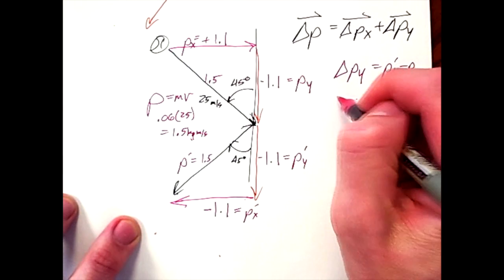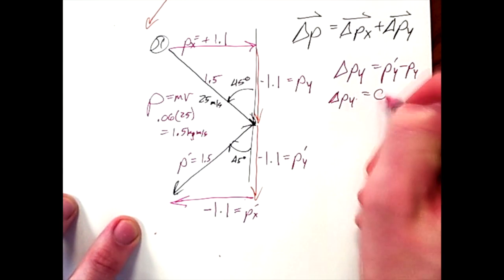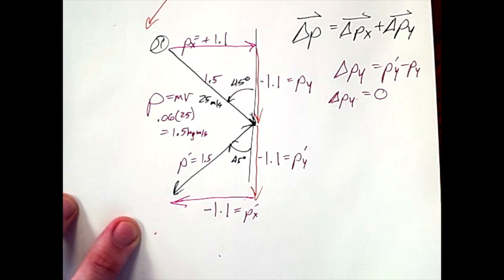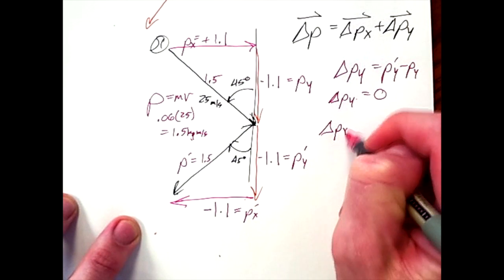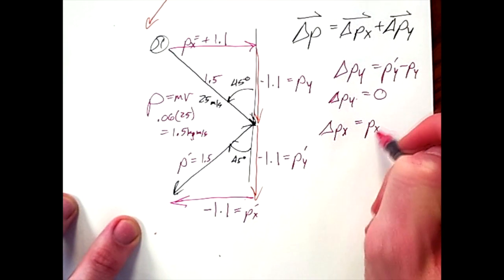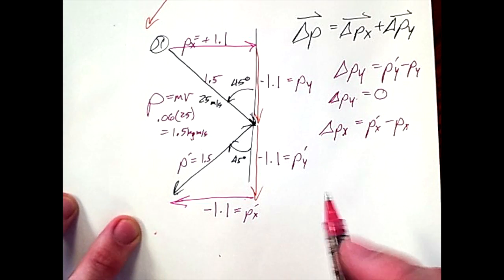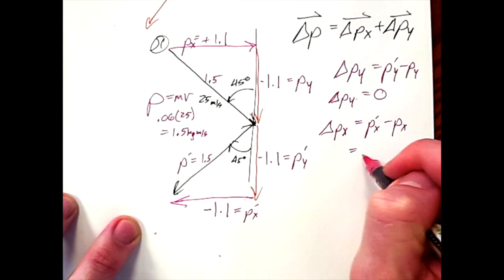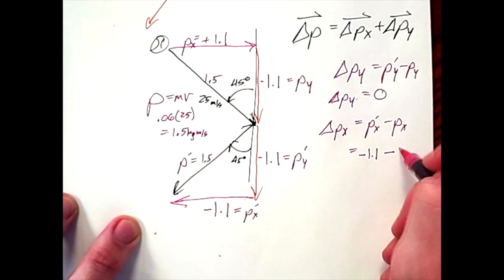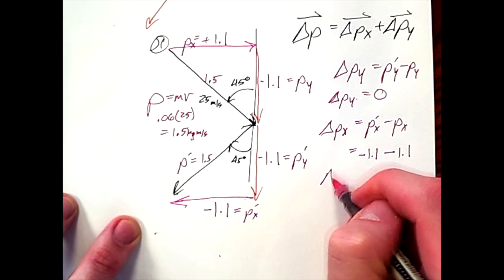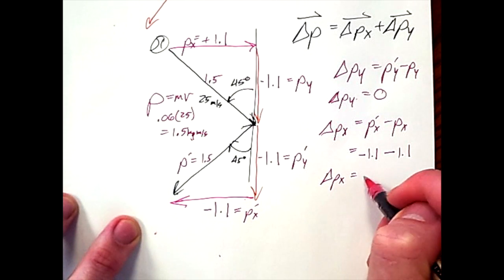So delta Py is 0. Whereas in the x direction, delta Px is Px prime minus Px, which is negative 1.1 minus positive 1.1, which means that delta Px is not 0, but is instead negative 2.2.